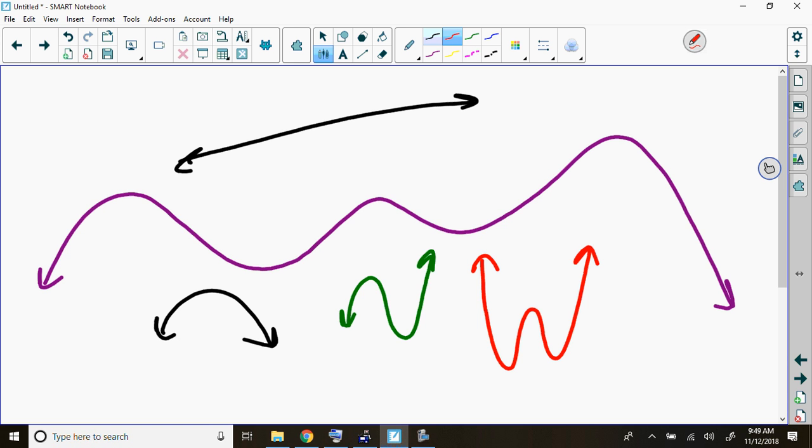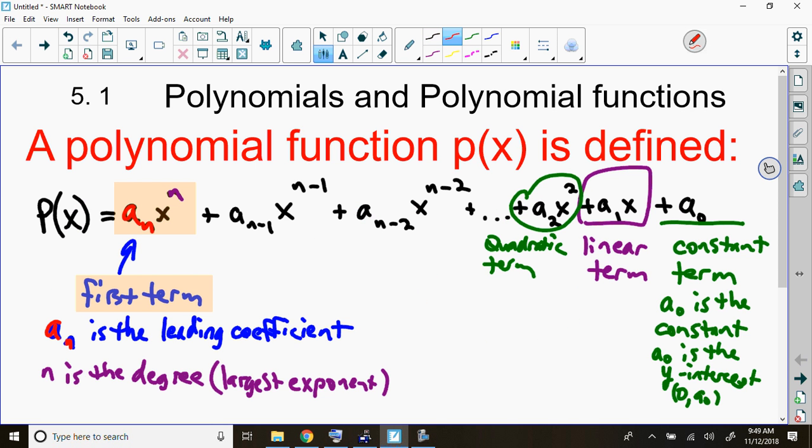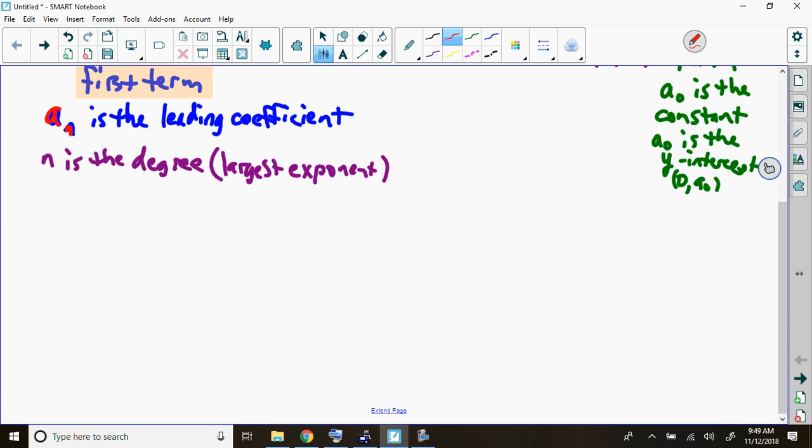Good. Okay. So let's go back and dial in some things and talk about what a has to be and what n has to be. So we defined a polynomial function a sub i. And when I say sub i, I just mean an arbitrarily chosen a value. So it might be my leading coefficient, it might be my constant, but a sub i must be a real number.